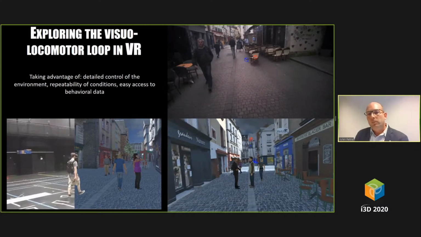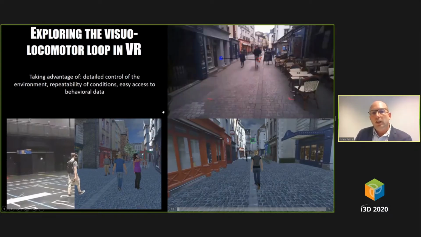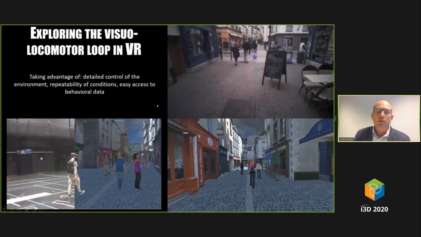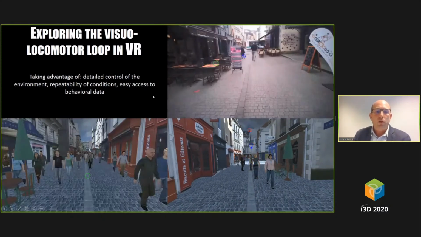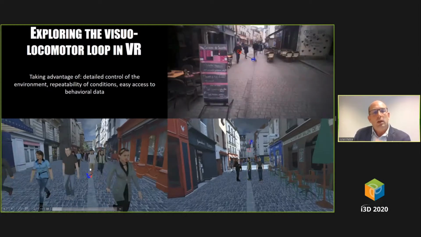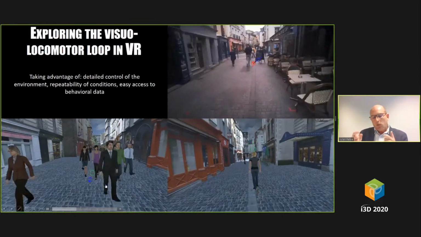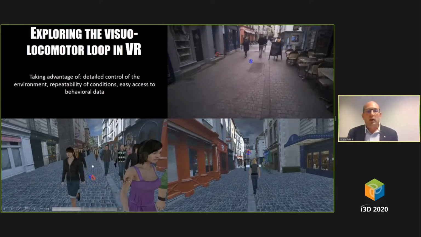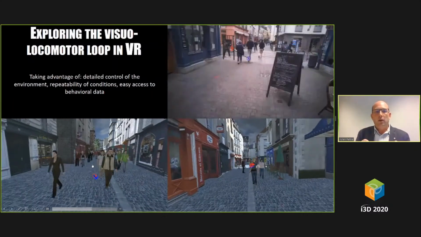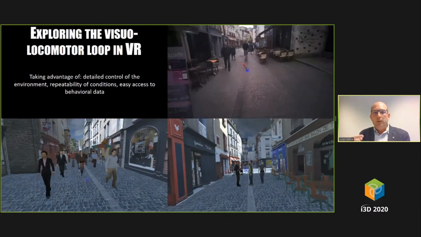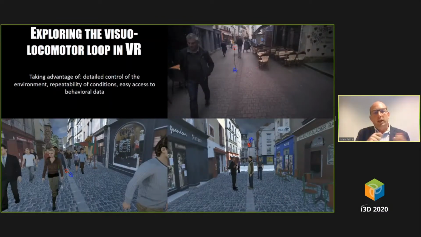This is important because after having checked that behaviors were similar, we can perform studies where we check what people look at when they move, because we have proven as well that there is a link between the people you gaze at and the people you avoid. You tend to gaze at the people you avoid.